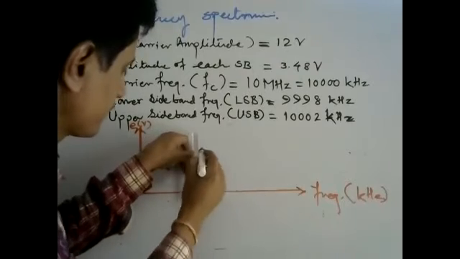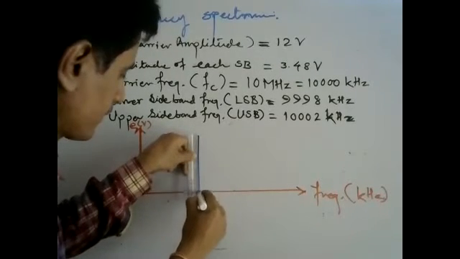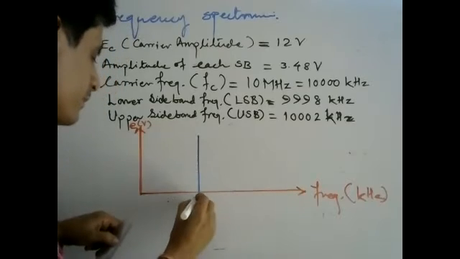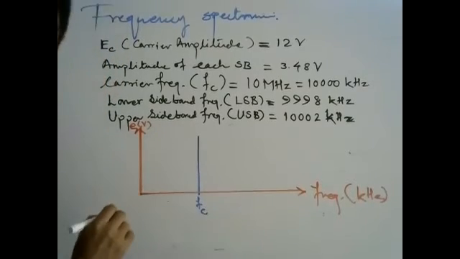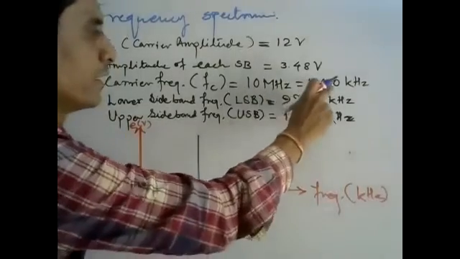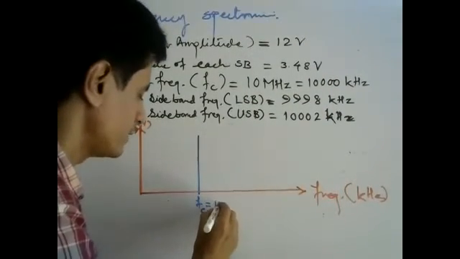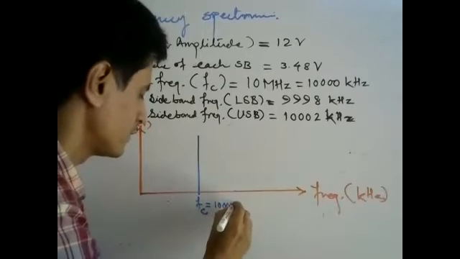Here I will take the carrier frequency FC, which is 10,000 kilohertz.